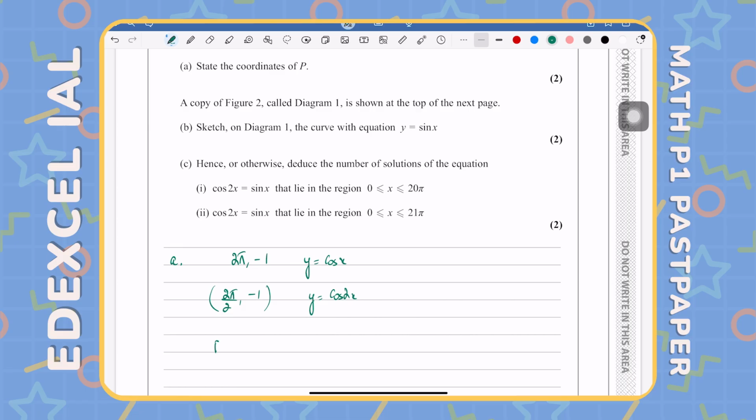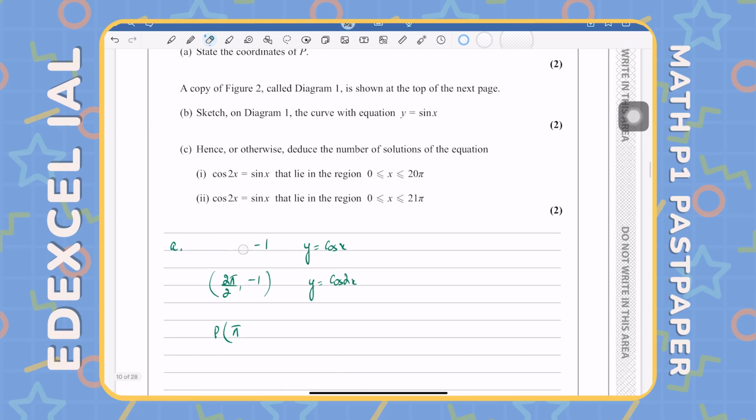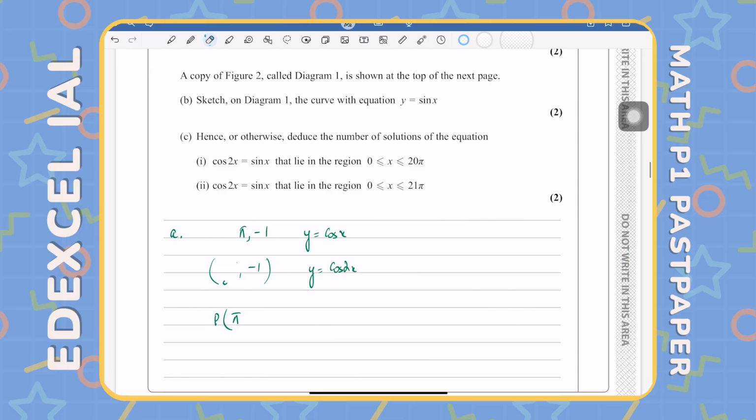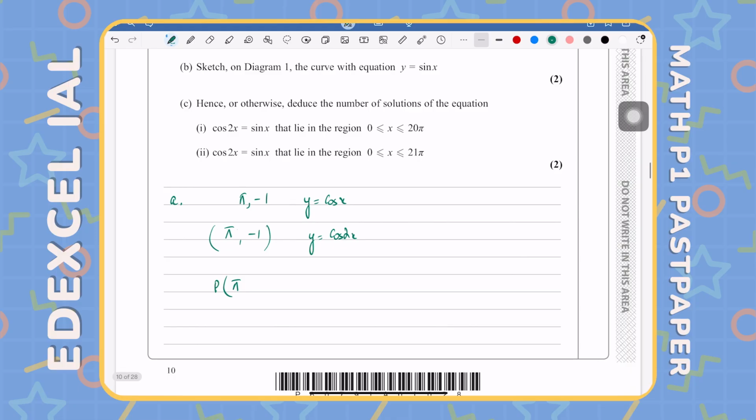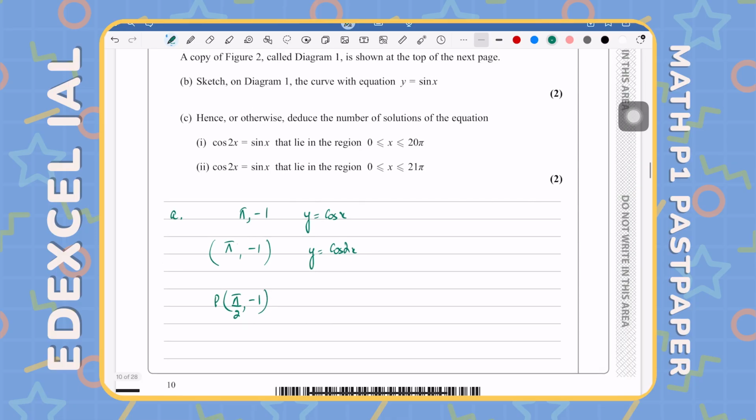Sorry, not 2 pi comma minus 1, pi comma minus 1. I've written it correctly here, just messed it up here, so let me fix that. Now, after dividing by 2, it becomes pi upon 2 comma minus 1, and these are the coordinates of P.